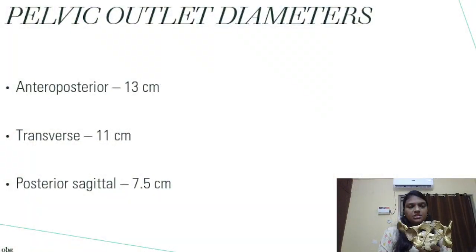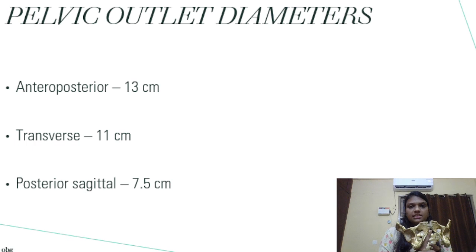The transverse diameter is measured between the two ischial tuberosities. The posterior sagittal diameter is from the point of intersection of the anteroposterior and transverse diameters to the tip of the coccyx, and it measures about 7.5 centimeter.